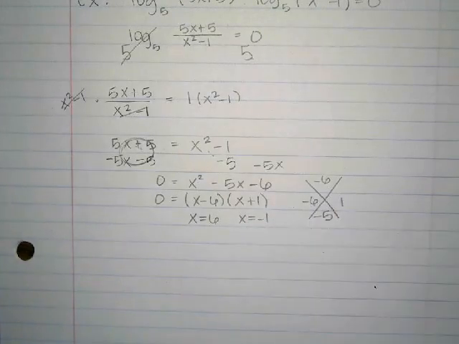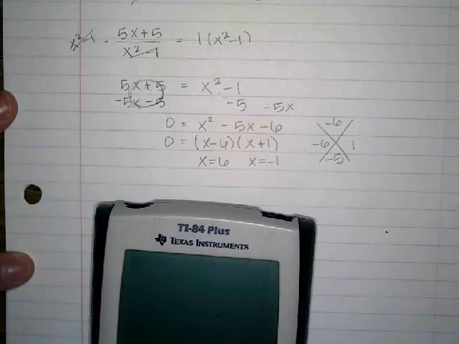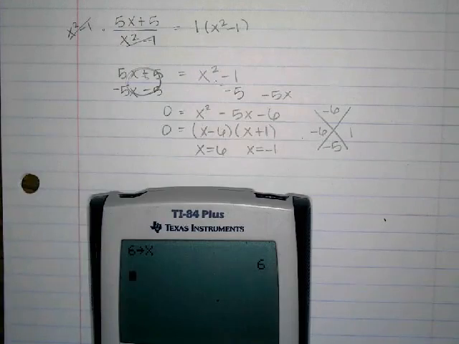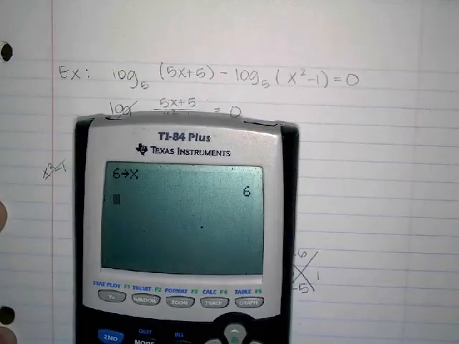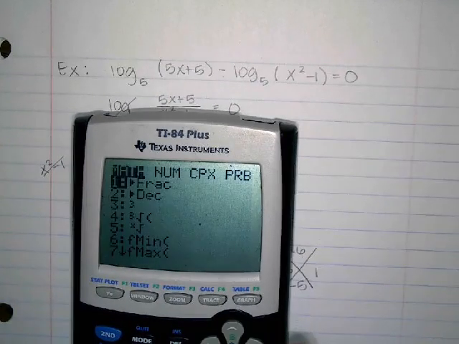We don't know for sure that both of those are going to work, though, so we got to plug them in. So I'm going to take the 6, store it as x in my calculator, and then type the problem in exactly the way it looks in the original problem. So I hit math, up, up.